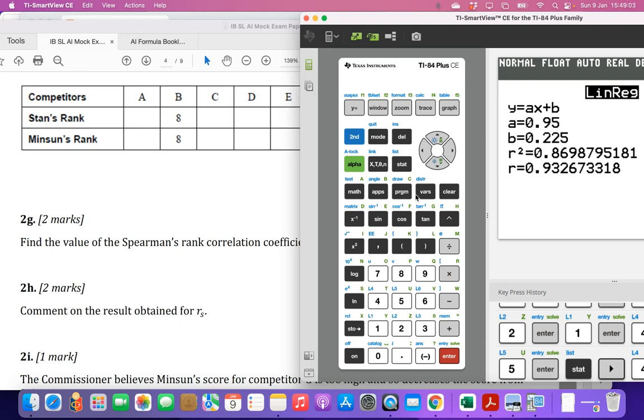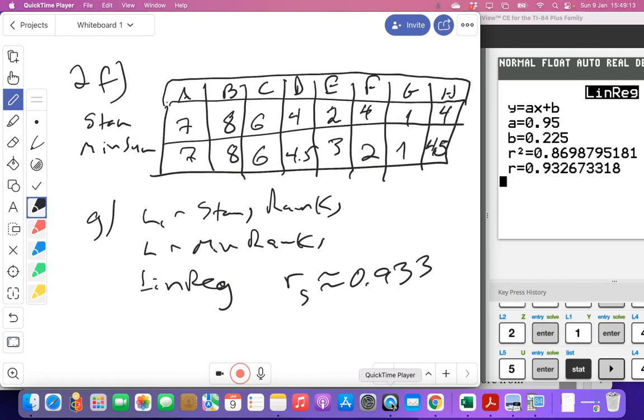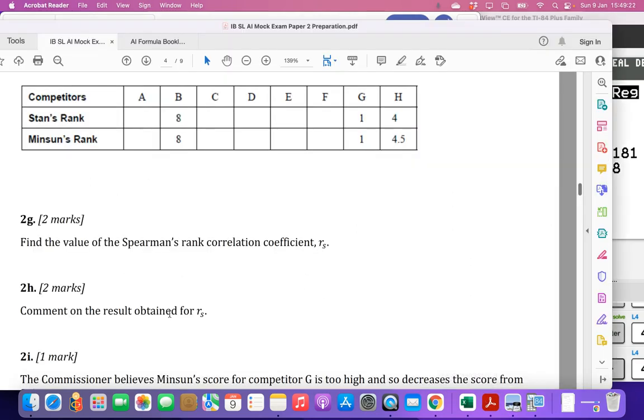And I got R sub S is approximately equal to 0.933. Okay, H. Comment on the result for R sub S. Well, again, I think it's a very strong positive correlation.